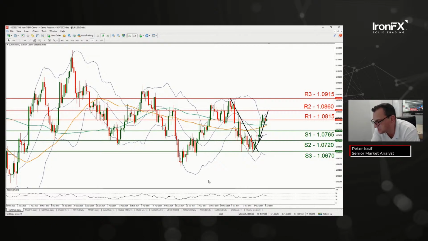On the fundamental side, okay, we have to cover the euro side. The euro side, there is, in my opinion, a difficult case to go long. You have, on the one hand, the political uncertainty as it emerged after the French elections on Sunday, the second round of the French elections.